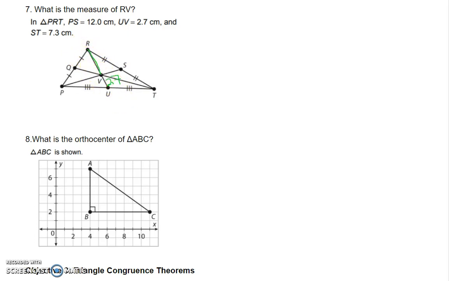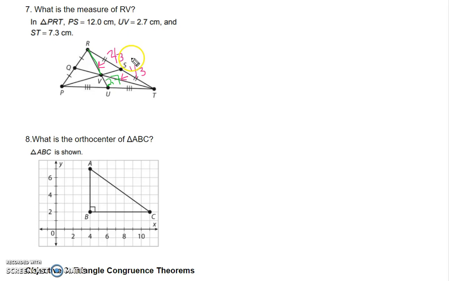Now, if you'll remember from previous videos and in class, this median from R to U is the whole. And our property of centroids, which is what this would be, tells me that this piece right here is 2/3 of the entire length, which makes 2.7 1/3 of the entire length.